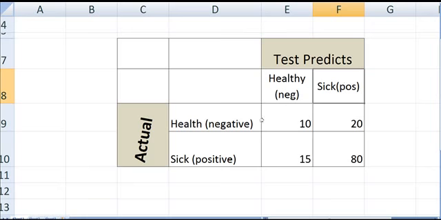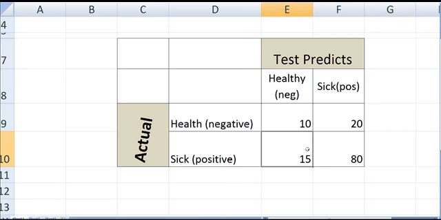So we have this error and this error. Is this called a false positive or a false negative? We're talking about what the test reports, right? So the test reports this as positive, but it was wrong. So this is called a false positive, right?